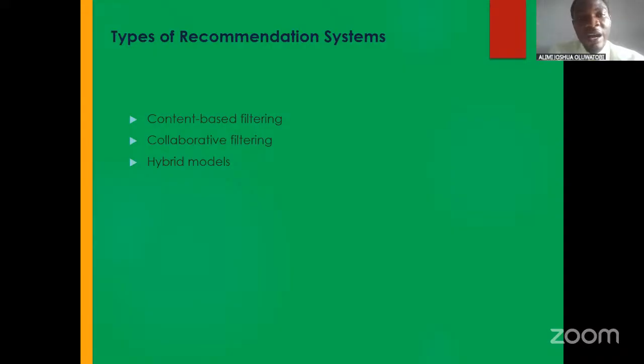And at this particular segment, I'll be talking on how it works. The first type of recommendation system is content-based filtering. This filtering recommends similar items to those a user has liked before.